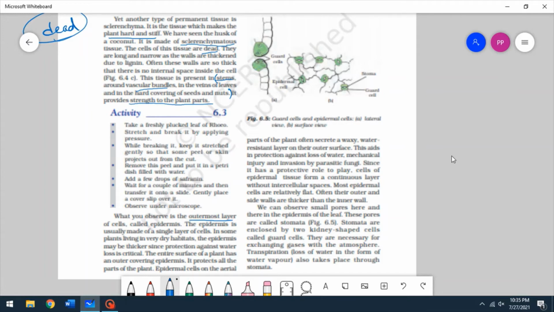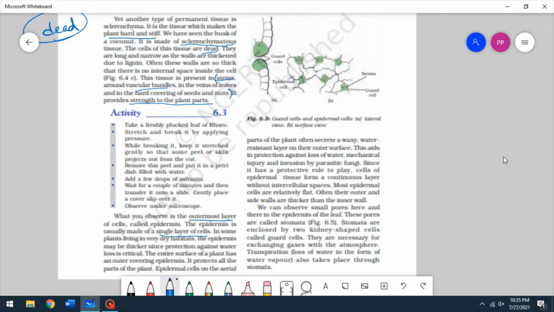Alright, the epidermis is usually made up of a single layer of cells, and in some plants that live in dry habitats, the epidermis may be thicker since they need protection against water loss. Alright, so that's why cacti have a thicker and waxy surface to prevent the loss of water, because they hardly have enough water for themselves, and if that water is lost through transpiration, it's going to be very hard for them.